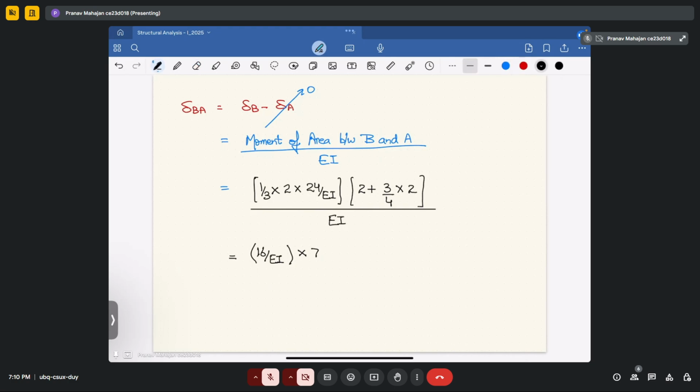So this will be equal to, if I write it here, 4 plus 4 into 8, 8 and 6, 14 upon 4.